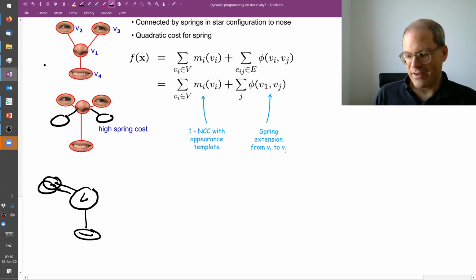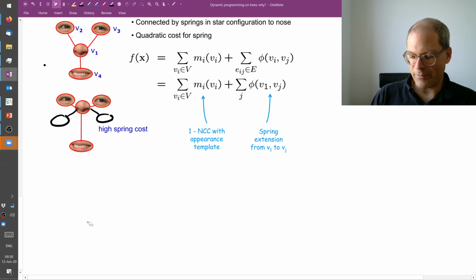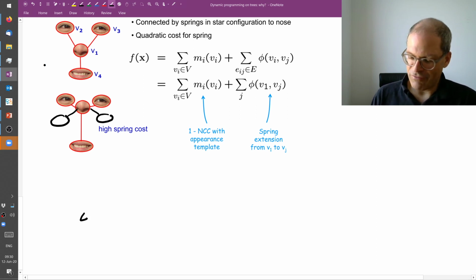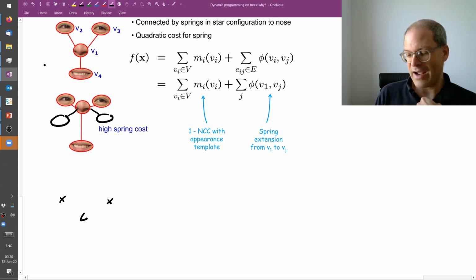However, it is also possible in these pairwise potentials to use an equilibrium position. So for example, if we use the nose as an anchor, then we can say there is an expected equilibrium position of where the eye should be, and this is defined relative to the nose, like so many pixels to the right and so many pixels to the top.